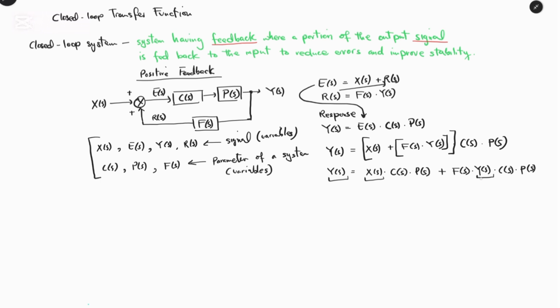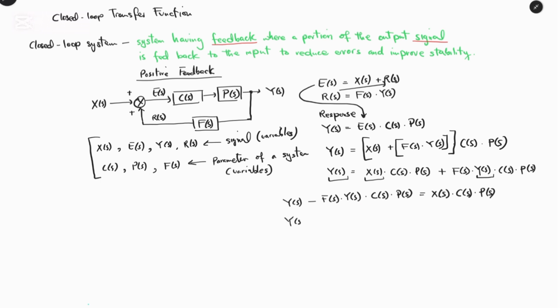So we can see we have two Y of S and one X of S. So if we now want to extract only Y of S and X of S, we will bring this term to the other side, such that it becomes minus F of S dot Y of S dot C of S dot P of S. Now Y of S is equivalent to X of S dot C of S dot P of S. So now we can bring the Y of S outside.